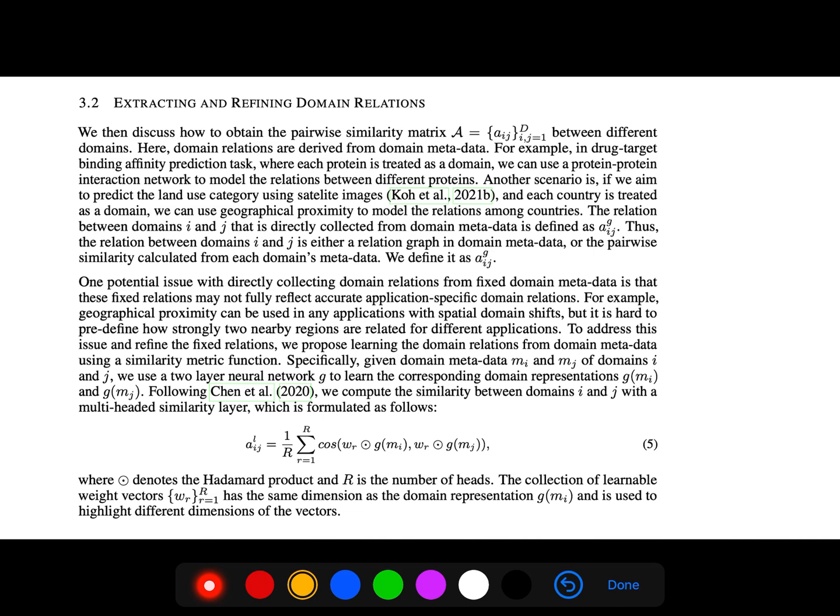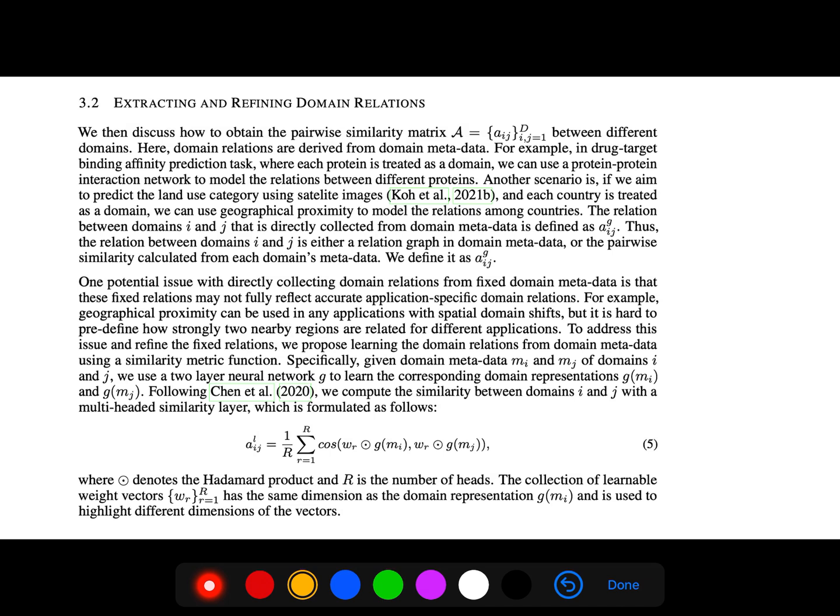One potential issue with directly collecting domain relations from fixed domain metadata is that these fixed relations may not fully reflect accurate application-specific domain relations. For example, geographical proximity can be used in any application with spatial domain shift, but it is hard to predefine how strongly two nearby regions are related for different applications.